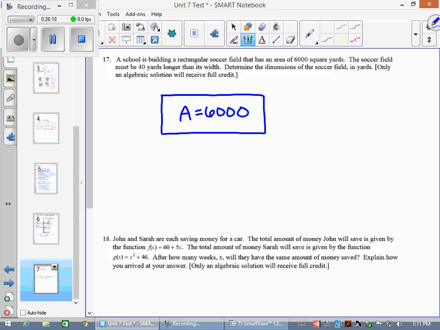If you label the diagram, you don't technically need the let statement as well, but you need one or the other. So both is not necessary, but you need the let statement or the picture. I think the picture is more helpful because it gives you the visual. Now, in terms of area, they tell me it's 6,000 square yards. I know area is length times width.